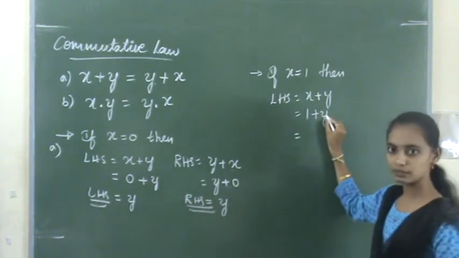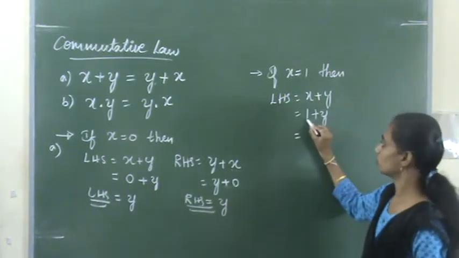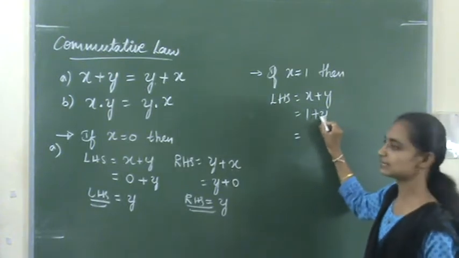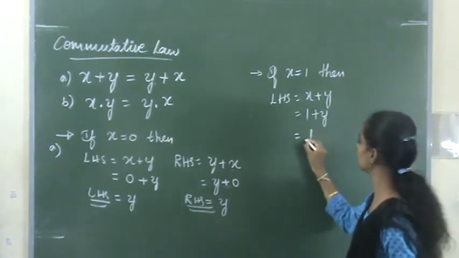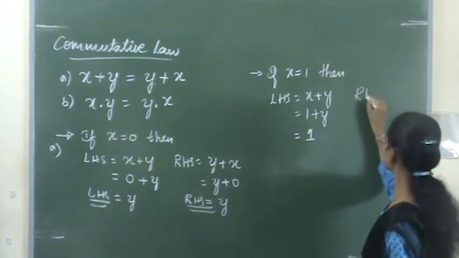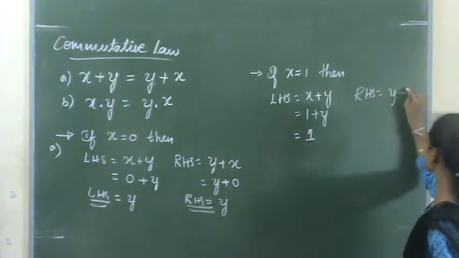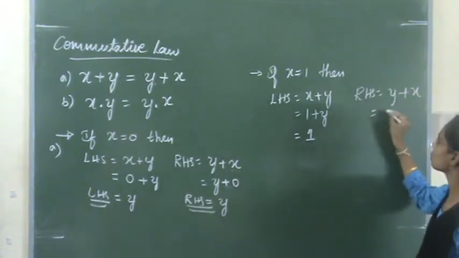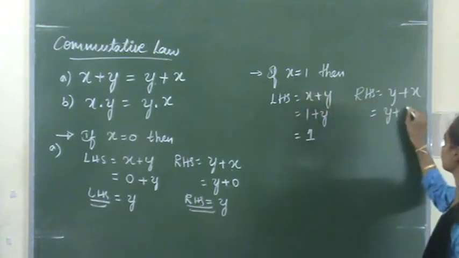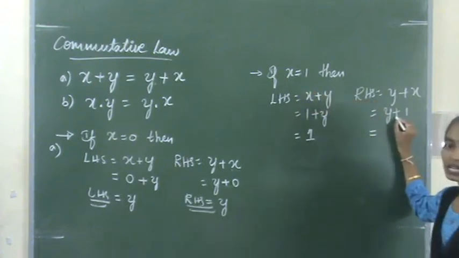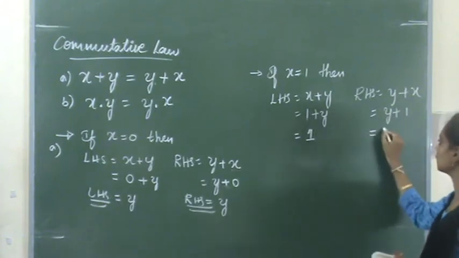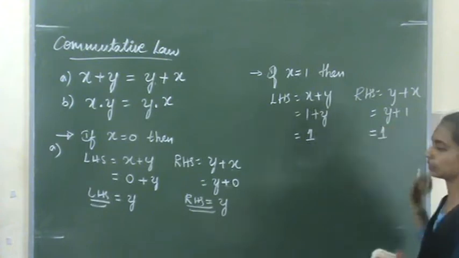From the properties of 1, we know that 1 plus any variable is equal to 1. Likewise, taking the RHS, y plus x, where x is 1, performing the OR operation with the variable and 1, we get the result 1 itself.